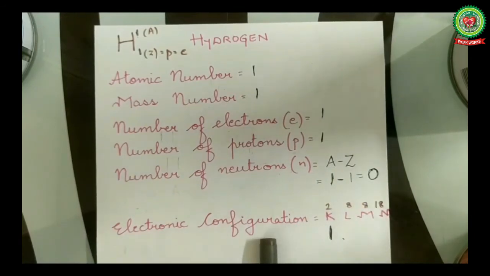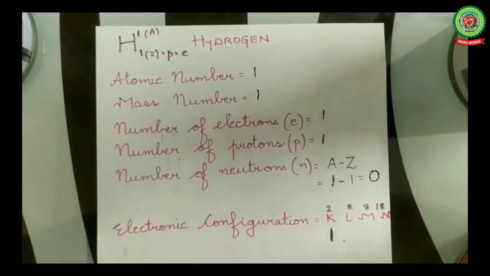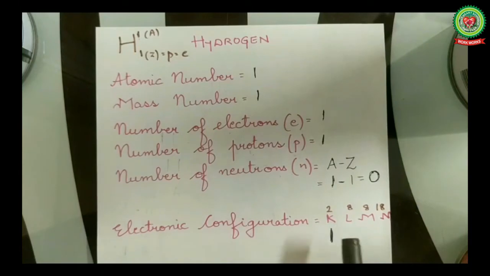1 minus 1, which is equivalent to 0. Electronic configuration. Electronic configuration is the arrangement of electrons in their definite energy shells. That is K shell, L shell, M shell, and so on. K shell, being closest to the nucleus of an atom, has minimum energy and it can accommodate only 2 electrons.